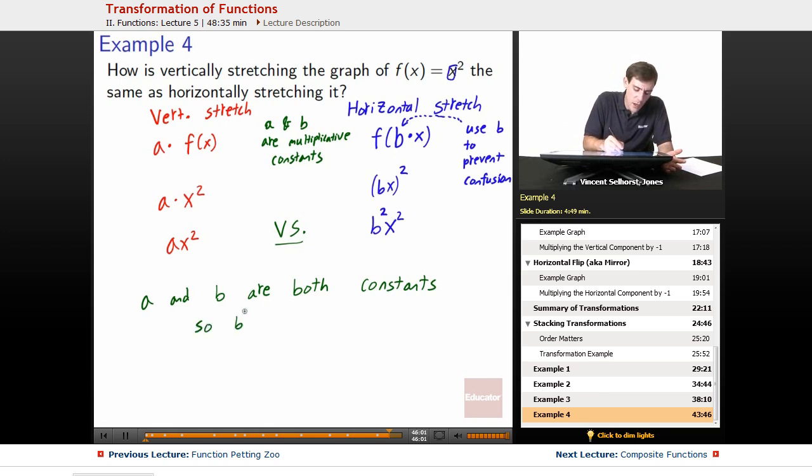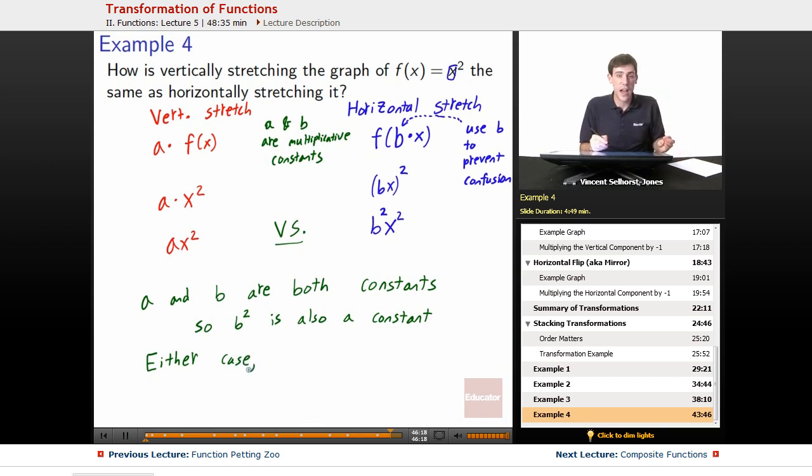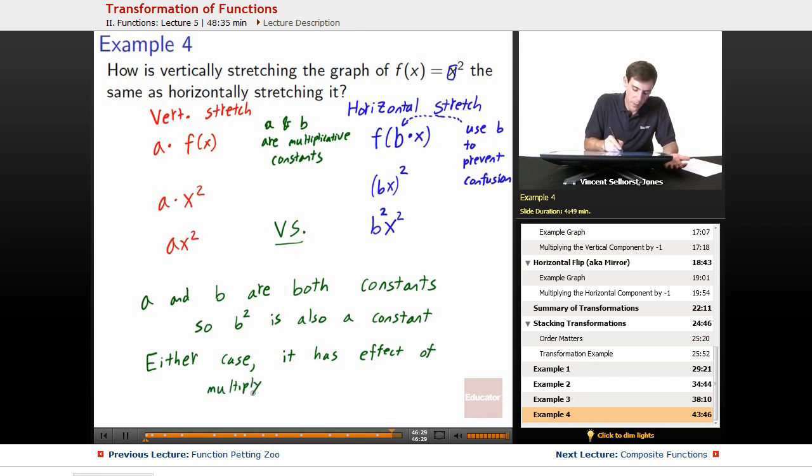So b squared is also a constant. So what that means here is in either case, whether it's vertical stretch or horizontal stretch, it just has the effect of multiplying x squared by a constant.